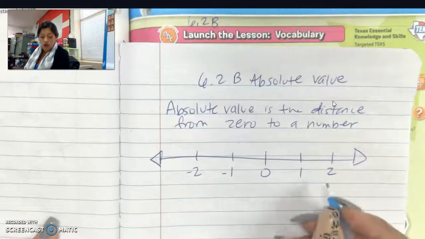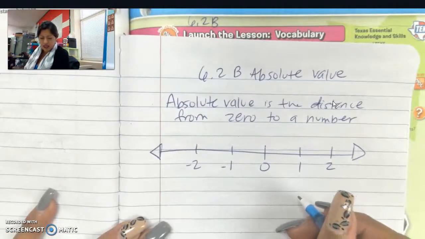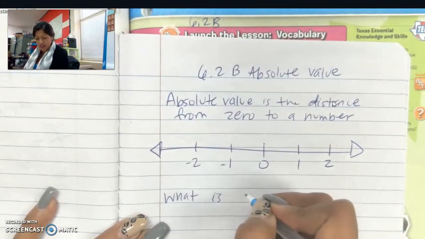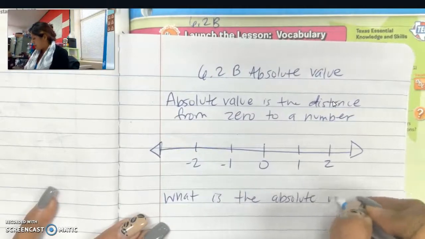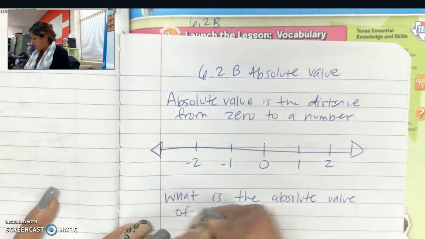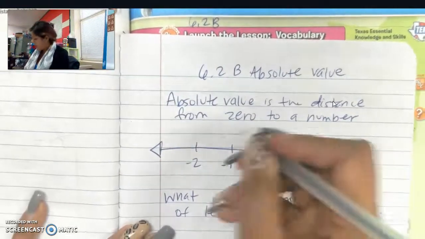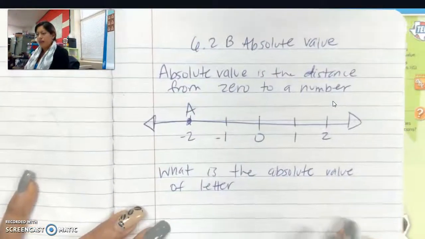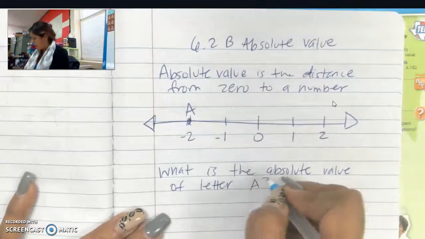Alright, so for example, if I say, what is the absolute value of letter, let's pick one, let's say A, right there. What is the absolute value of letter A?